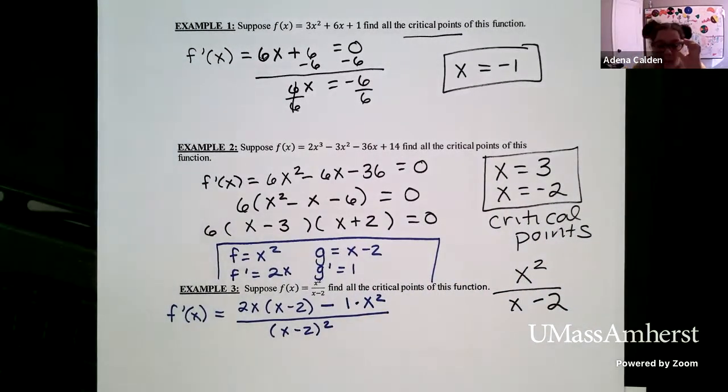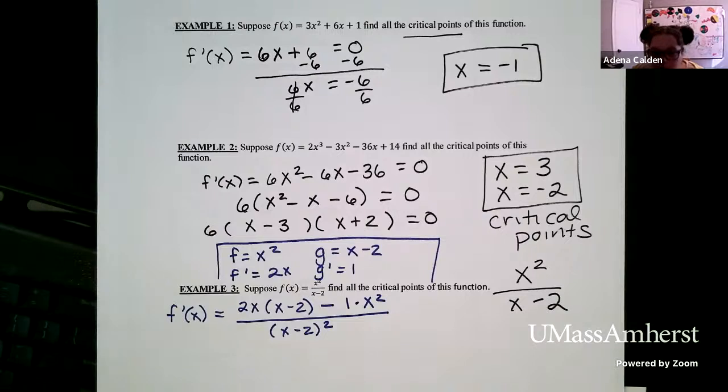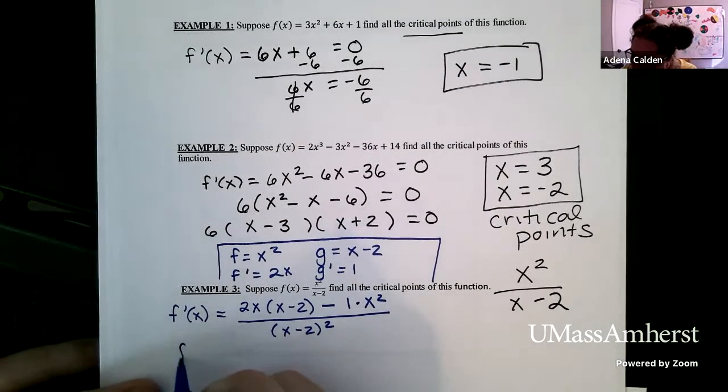Now, if we were just doing the derivative, we wouldn't need to do any simplification. But since we want to determine where this function might be 0 or might not be defined, we do have to do some algebraic simplification before we can set that up.